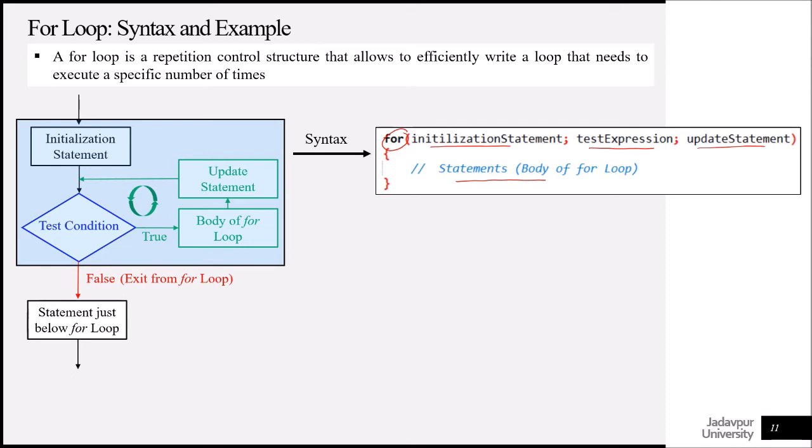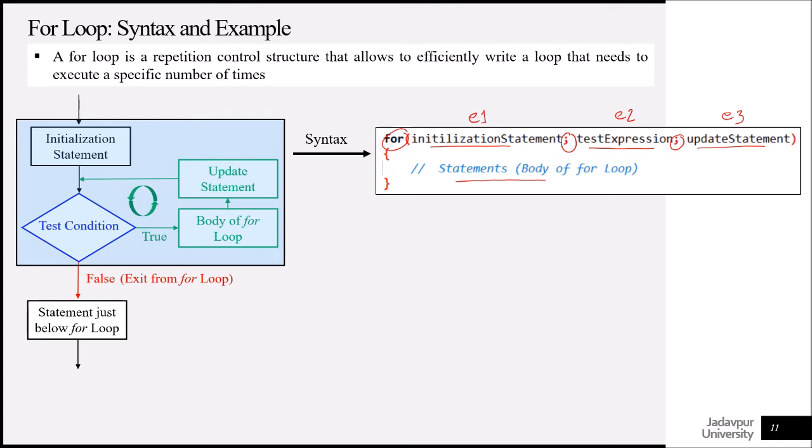Now do note that these 3 expressions, let's say E1, E2 and E3, are separated by semicolon. It's a very common mistake to replace these semicolons with comma, and if you do that, you will get an error from the compiler.